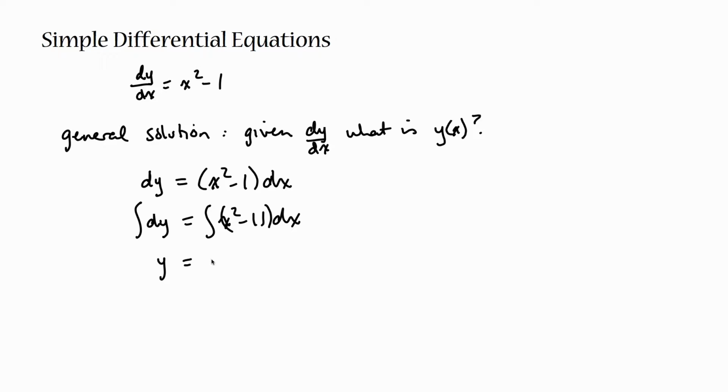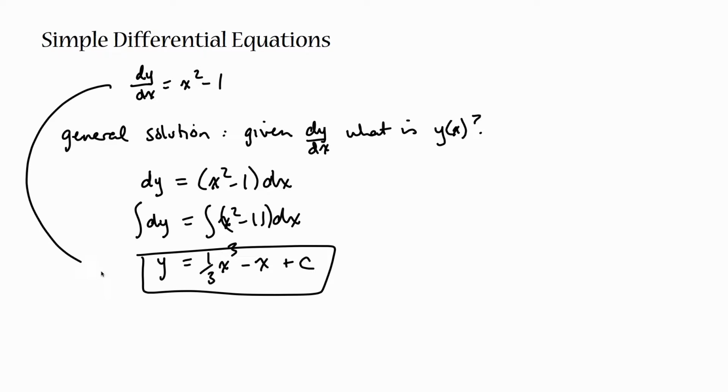Which gives me y is equal to 1/3 x cubed minus x plus c. So that's my general solution to that simple linear differential equation up there.